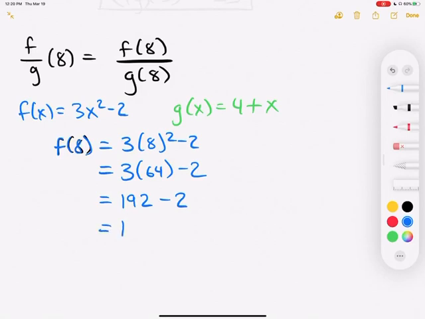And then 192 minus 2, that's 190. So this is the value of f of 8. And we do the same thing for the value of g of 8. So I'm going to substitute 8 into my g of x function. So g of 8 is going to be equal to 12.